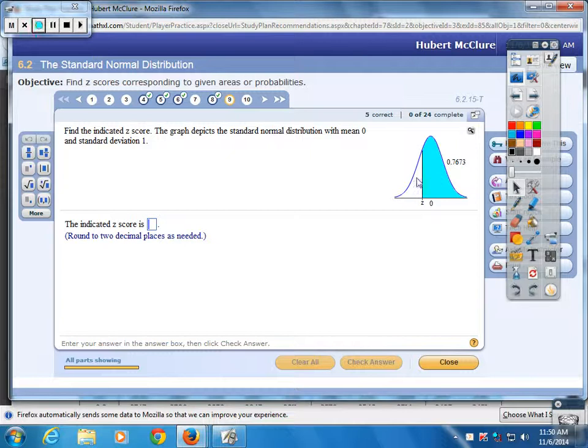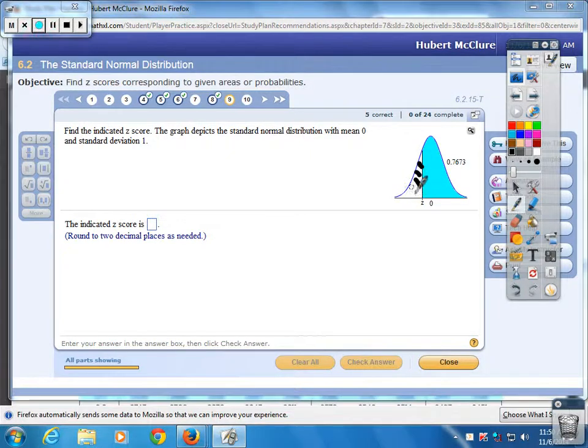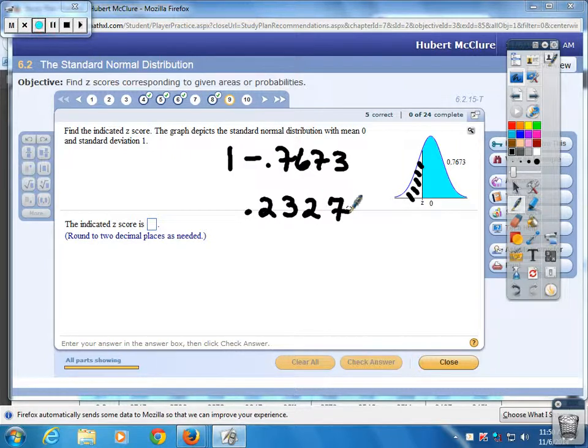You need to know what this is, right there. So that would be 1 minus 0.7673. And that's going to be 0.2327. Y'all check me. So we're going to look up 0.2327 in the table to find the z-score.